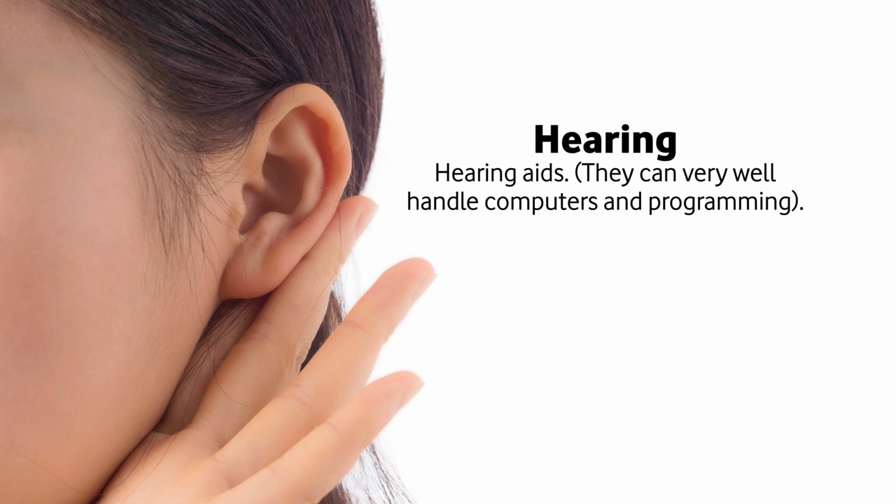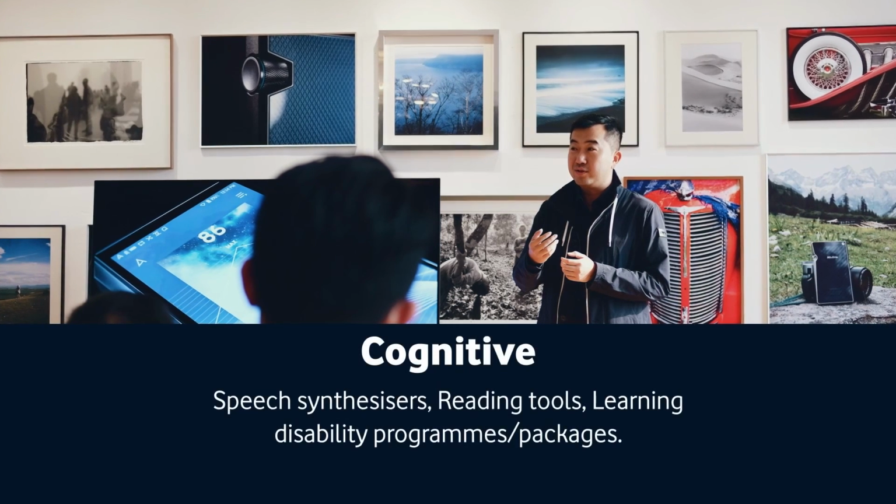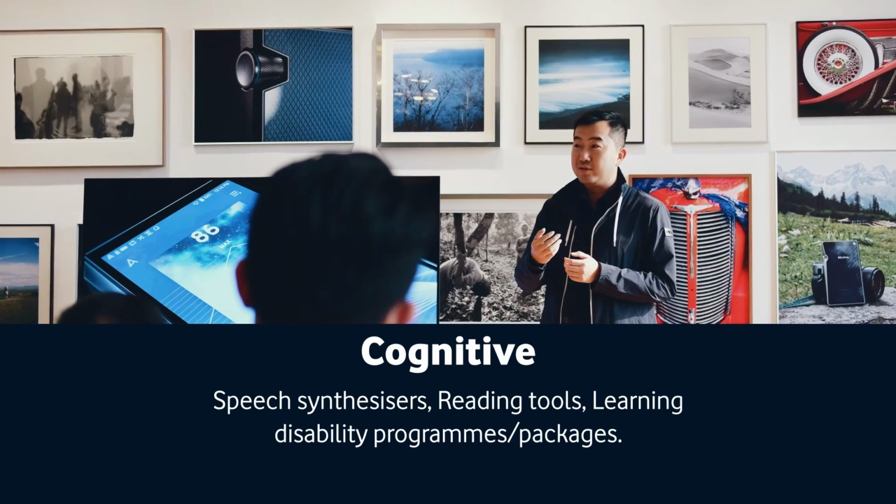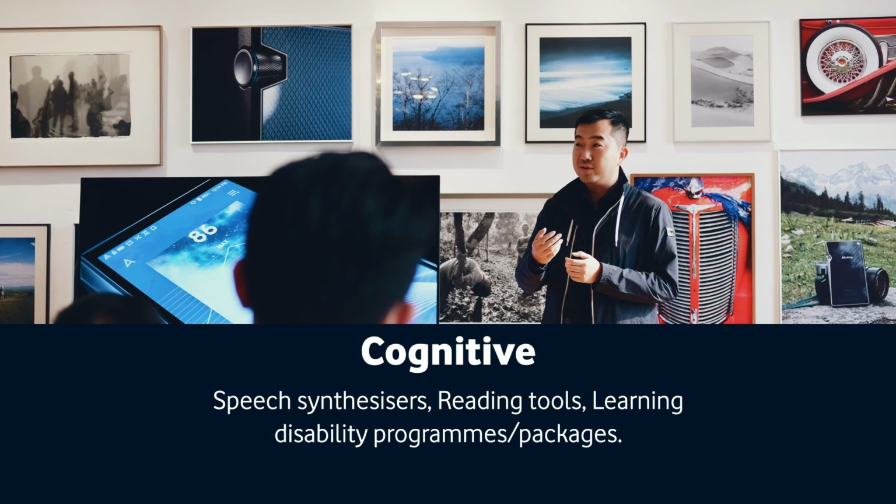And for learning disability and cognitive disorder, there are speech synthesizers, reading tools, learning disability programs or packages available. So people with different abilities or disabilities also could effectively engage these days, and technology is facilitating that.